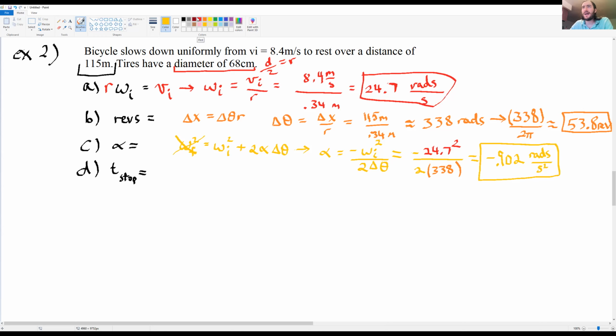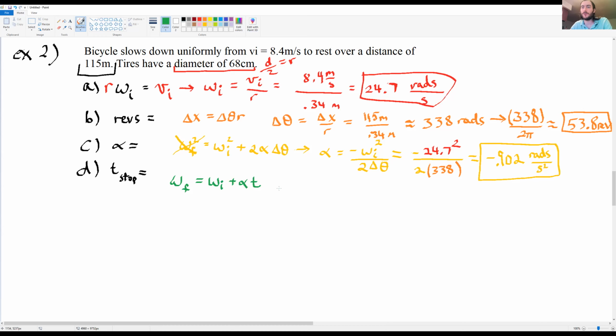For the time that it takes to stop, what's the next color in the rainbow? Green, right? For the amount of time that it takes to stop, well, we can use the fact that the final angular velocity is equal to the initial angular velocity plus the angular acceleration times the time.